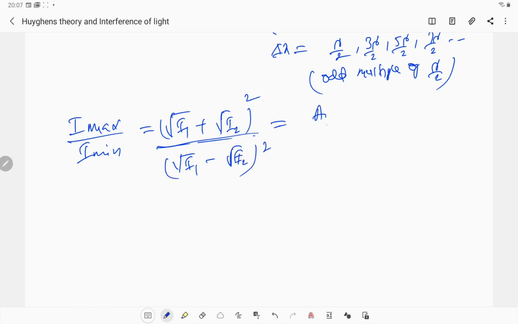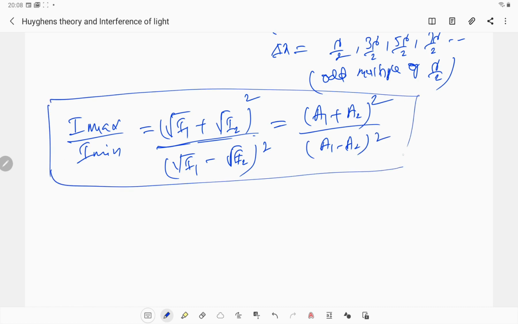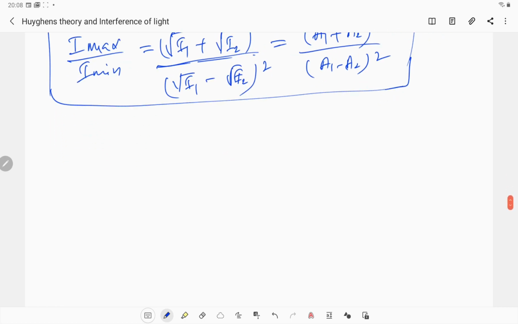This is equal to (A1 plus A2) whole square by (A1 minus A2) whole square. Very, very important formula. This you have to remember. This is about constructive interference and destructive interference. In constructive interference, intensity is maximum. In destructive interference, intensity is minimum.